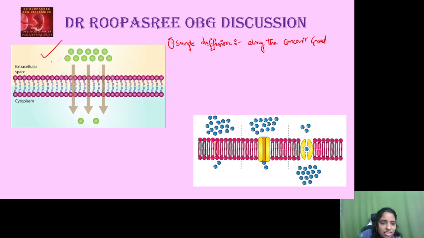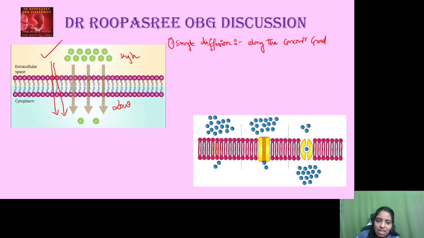The molecules come down from high concentration to the low concentration. It does not require any energy or any transporter molecule, nothing. Simply from high concentration to the low concentration. That is simple diffusion.